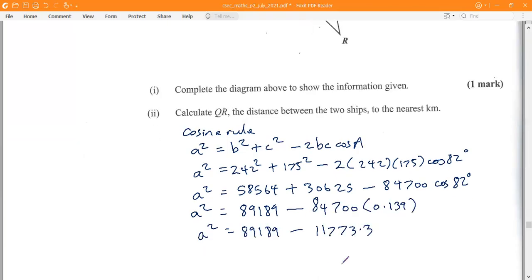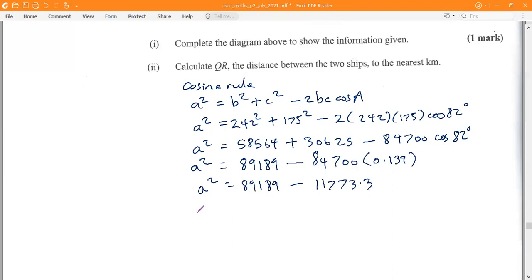All right, so let's keep working this out. A squared equals 89189 subtract 11773.3. You get 77415.7. So we want to find A.